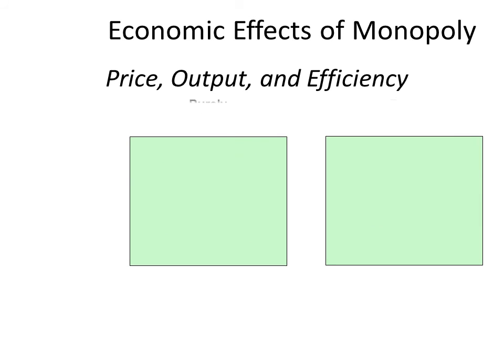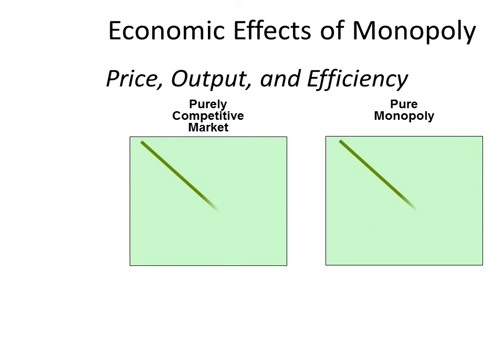Remember, the principal purpose of this presentation was to compare and contrast the economic efficiency which takes place in a purely competitive market industry versus an industry dominated by one firm, a pure monopoly.